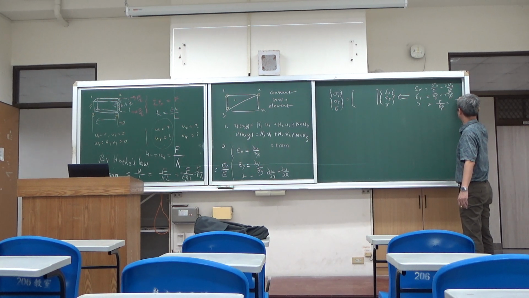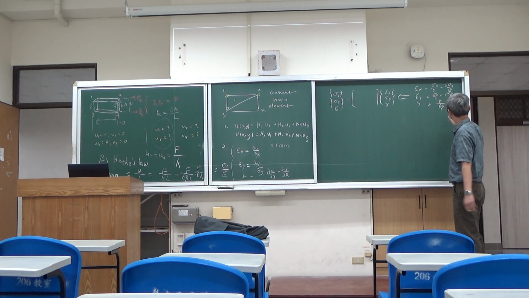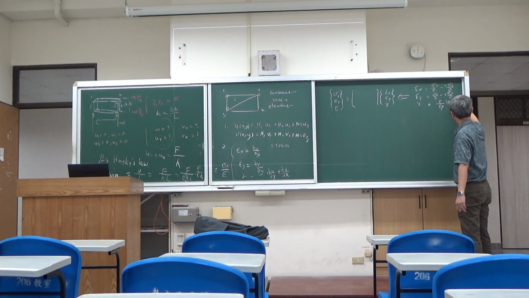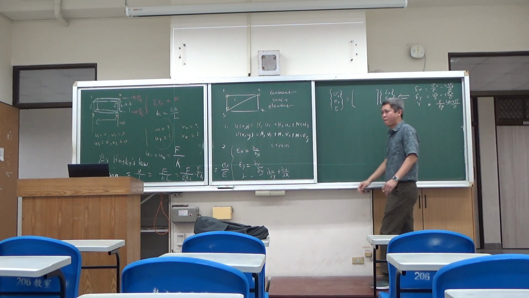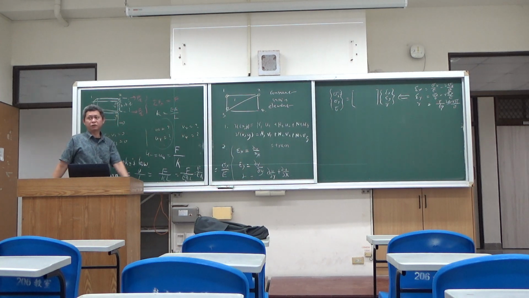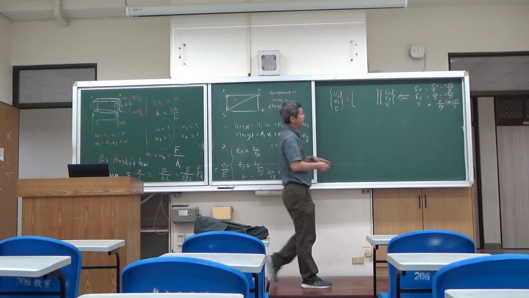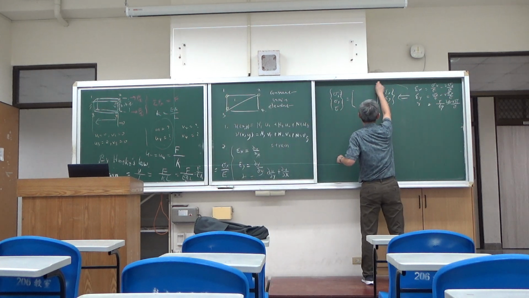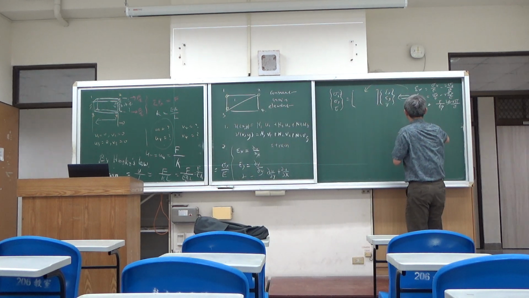G is E over 2 times 1 plus the Poisson ratio. So this is what you have. We're going to do the inverse to obtain these expressions.